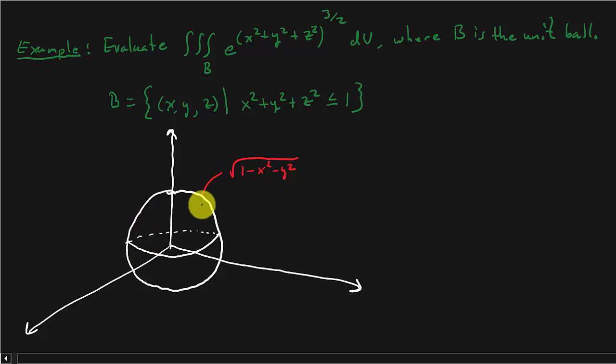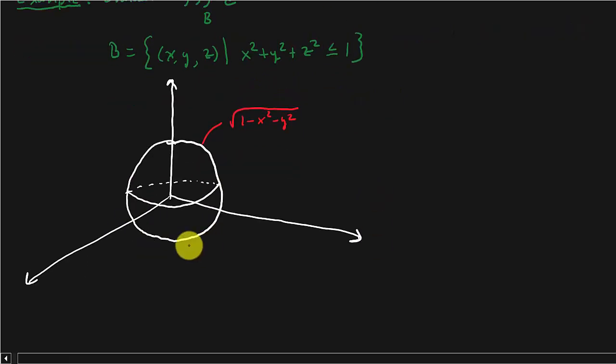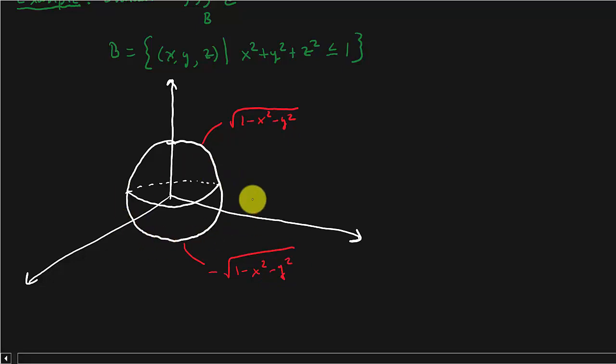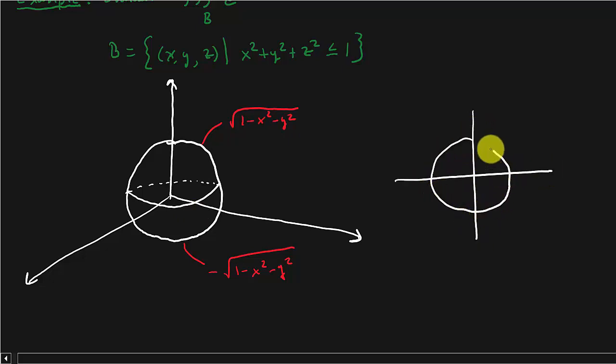That's the top half of the sphere, and the bottom half would be negative square root of 1 minus x squared minus y squared. And if we come over here and look at the projection in the xy plane, it's a circle, right? And so if we draw that, there's your projection in the xy plane.